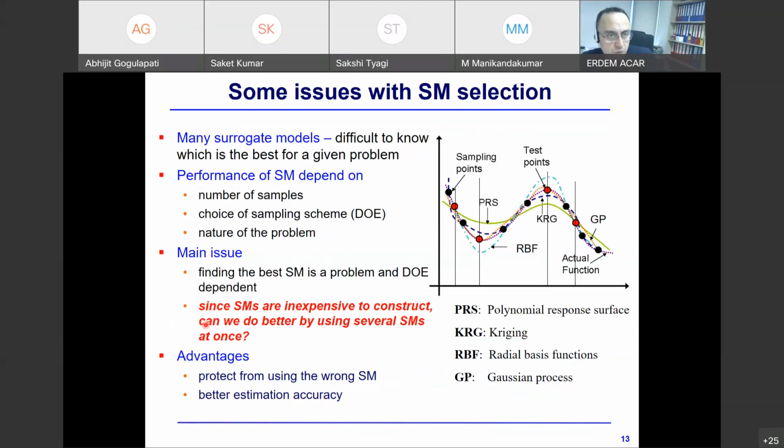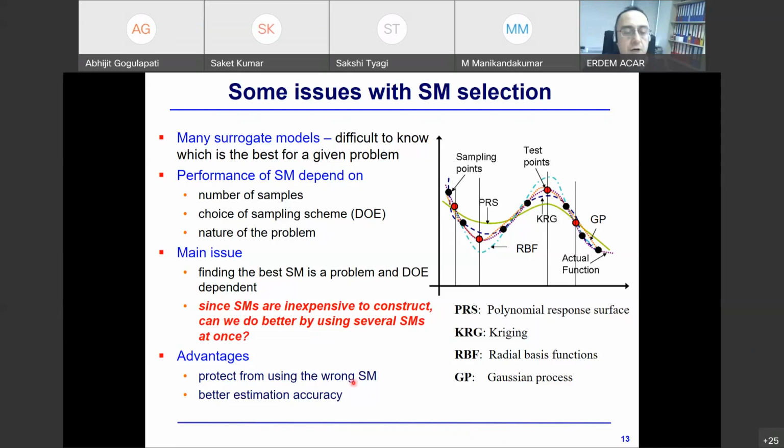It is difficult to know beforehand which one is going to be the best for our problem, because the performance of surrogate models depends on the number of samples that we use, the sampling scheme that we choose, or the nature of the problem. So the main issue over here is that finding the best surrogate model is a problem, and also a design of experiment dependent question.